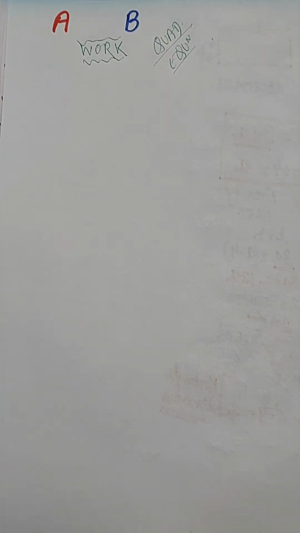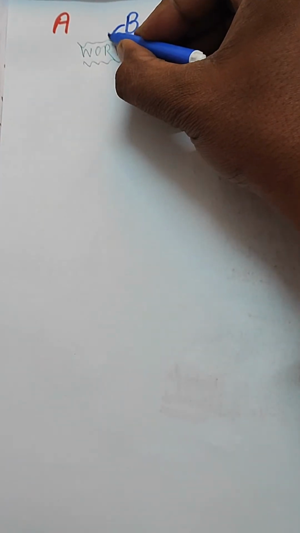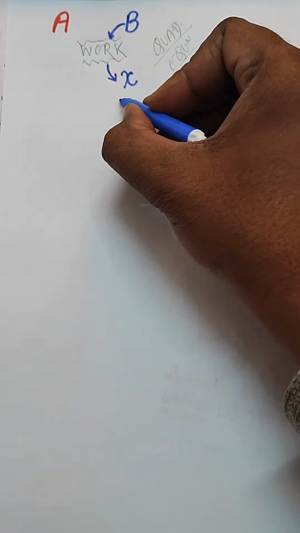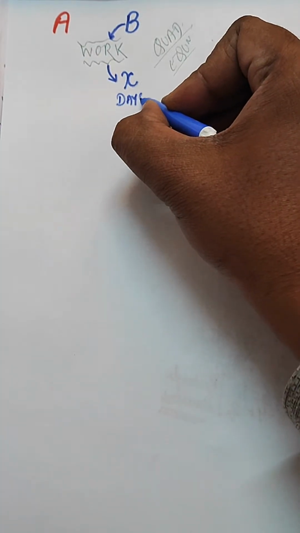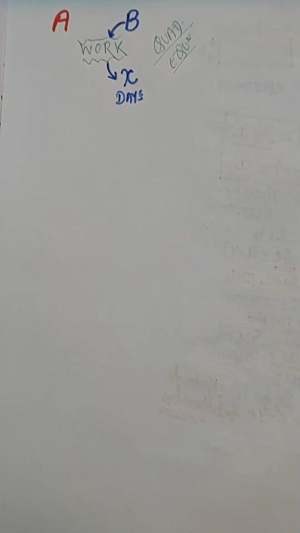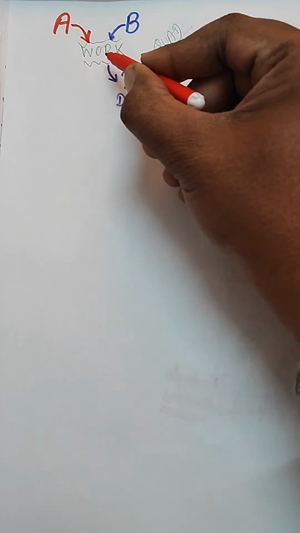Let us take it this way: B completes this work in x days. Let us consider it like this, because the relation given is that A takes 10 days less than B. So if B takes x days, then how many days will A take to complete this work?